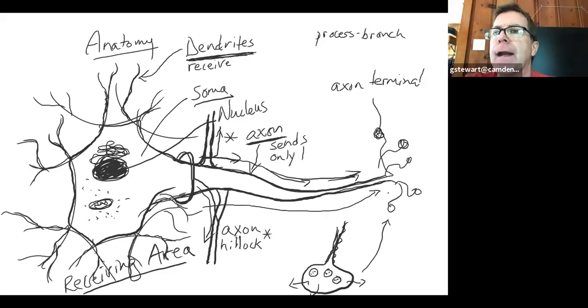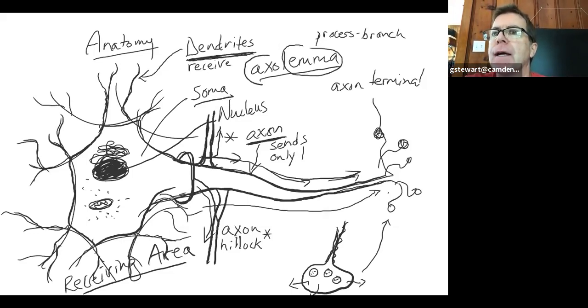So I'm just going to write that out. All that means is the plasma membrane of the axon area. And that's going to come into play when we discuss how this thing fires an electrical impulse. So the axolemma in my drawing would just be the plasma membrane along here of the axon.